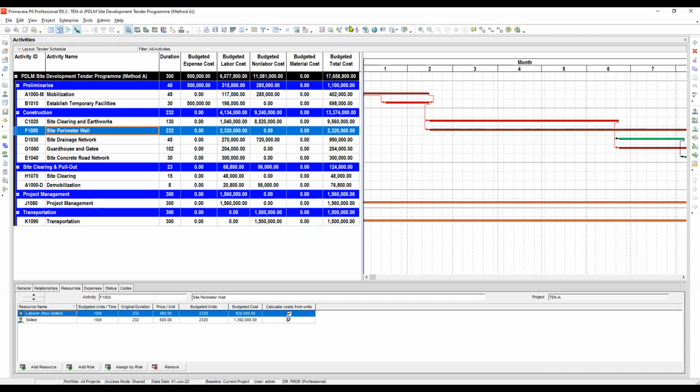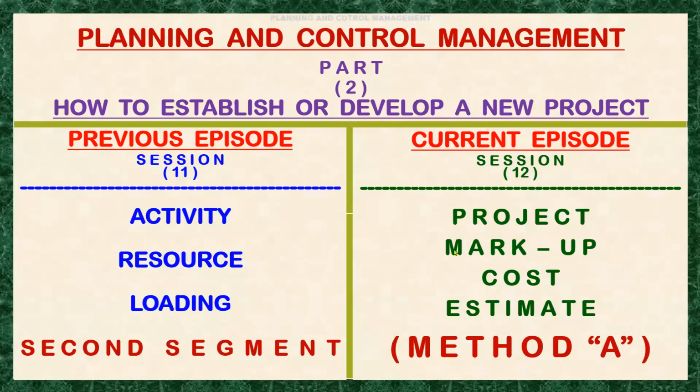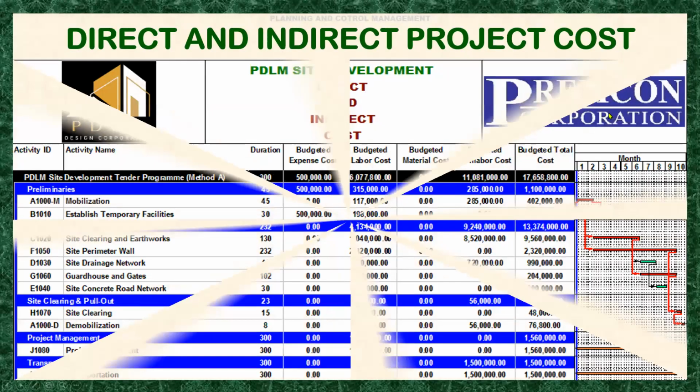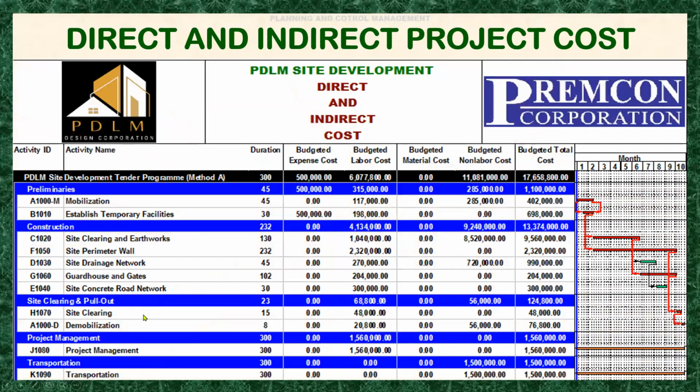Here it is. Now, here is the schedule that we have already completed only for the direct and indirect cost.